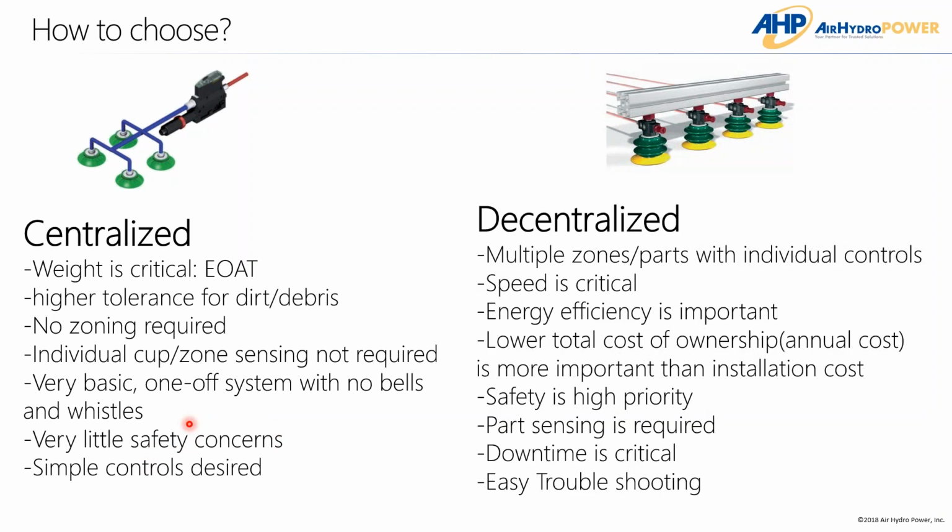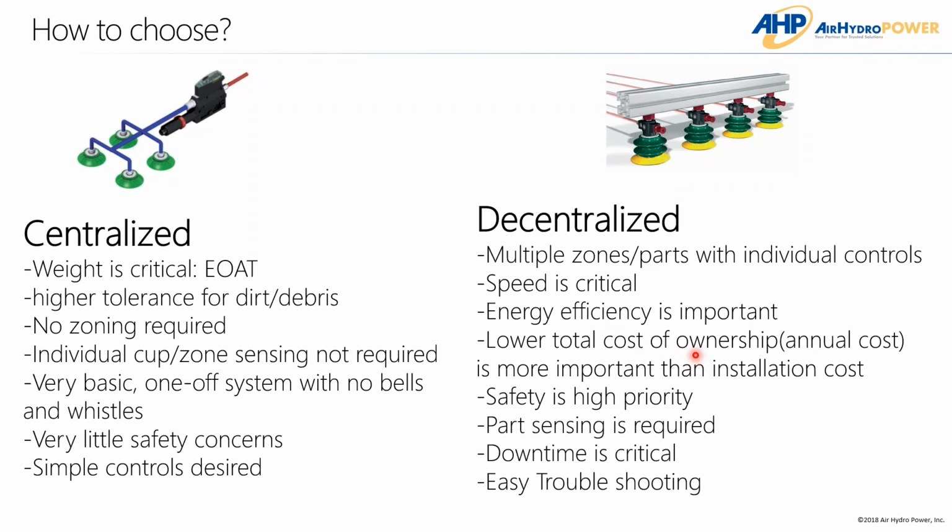So for a decentralized system, you're looking at applications where I've got multiple parts, or I want the highest level of control I can. I want to be able to have max speed, robot picking and placing, whatever it is. Energy efficiency is important. Lower total cost of ownership. As you can imagine, if we're getting a much more energy efficient system from the decentralized, then our total cost of ownership is going to be drastically lower.